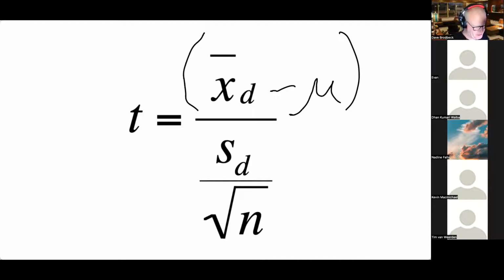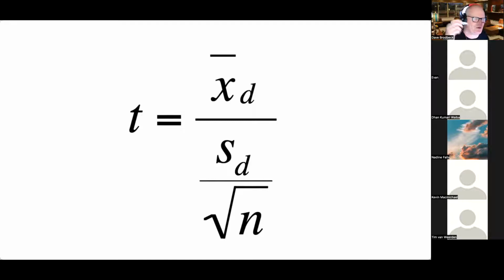So really, it's x bar sub d minus 0. So this is why people tend to go, yeah, it's just x bar sub d, because it's actually minus 0. So why put it down? But what I'm trying to show you is it's literally, again, the same formula. So that's for pairs of observations.